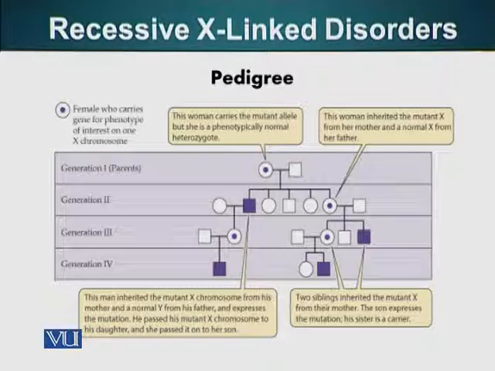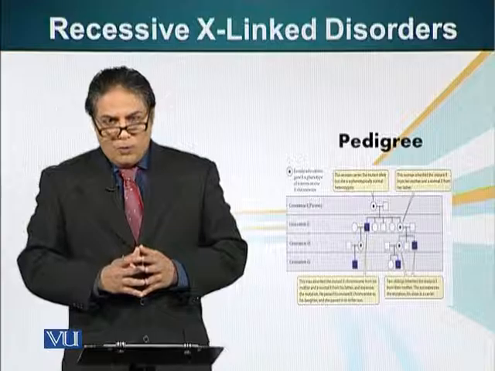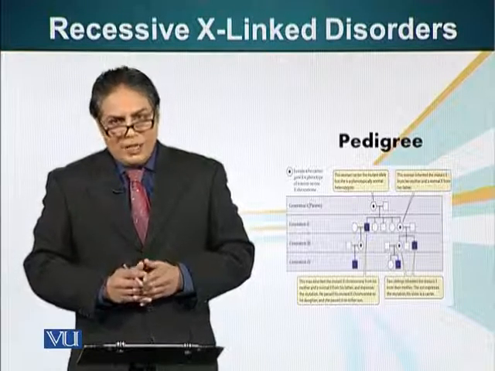I hope this pedigree is showing you some of the things that we talked about in the previous slide. So this is the pattern of inheritance of X-linked disorders. Next, we will talk about cytogenetic disorders.